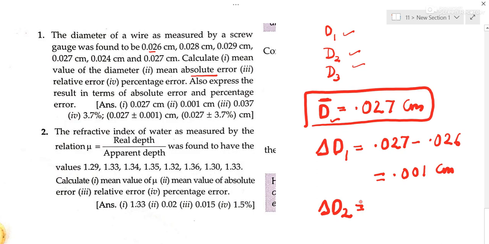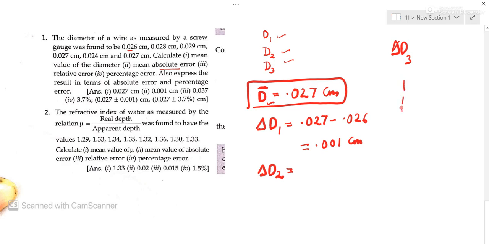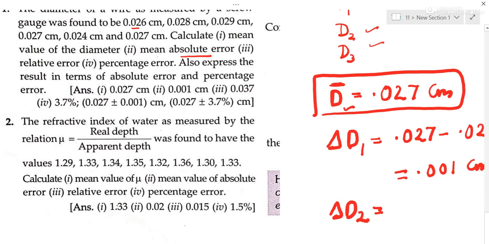Find out all these errors in 6 readings. Add these errors, error in third, fourth, fifth and sixth. Add all these errors up to 6 and divide by 6. That will be your answer to this mean absolute error. And then check, is it coming like this? Because in the exam you will have to solve. So check your addition and division.